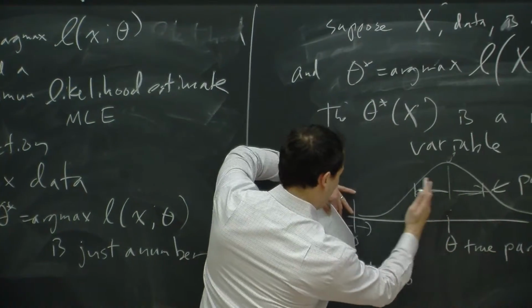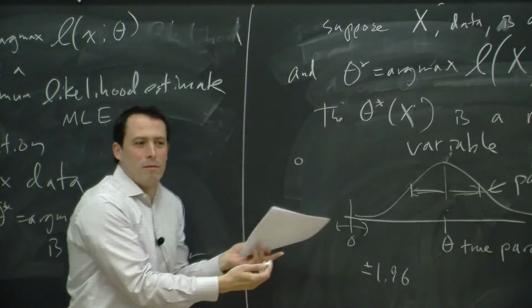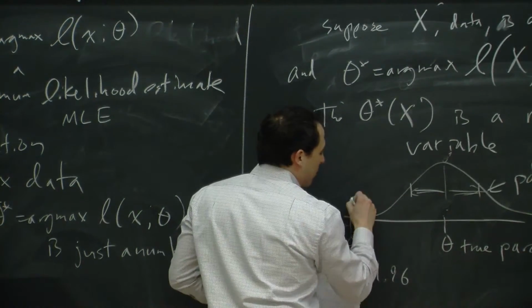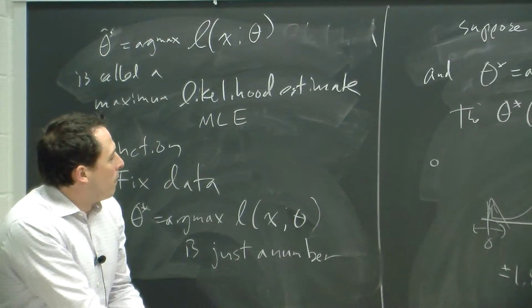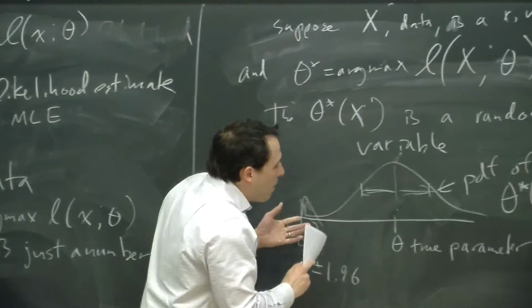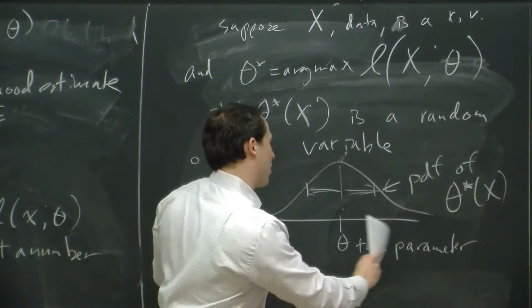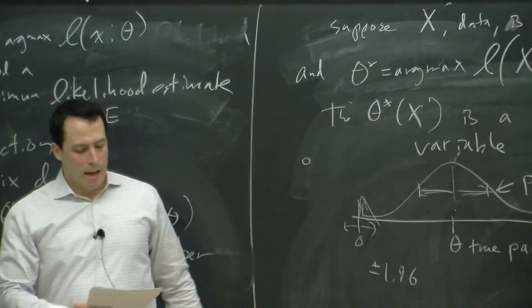That's one way of thinking about how it fails. Another is that if I'm piling up all my mass really close to 0, there's no room to fit something that's approximately normal. If my mean is really close to 0, there's just no room. So it's not going to look right. Maybe we'll formalize that a little bit more. Basically, in the Bernoulli or binomial case, when your probability is close to 0 or close to 1, the assumption breaks down.